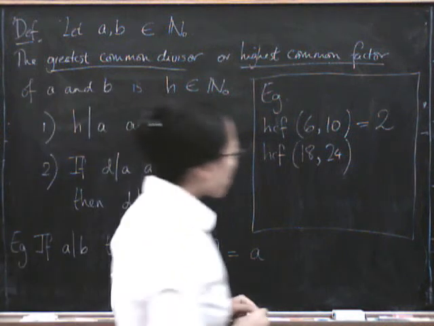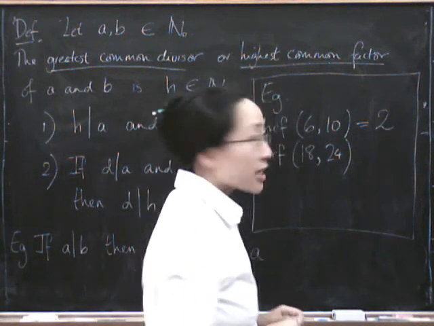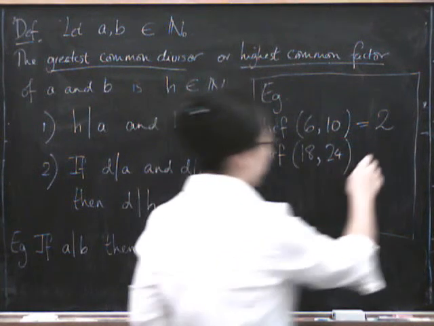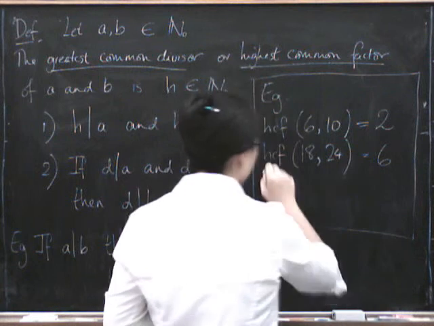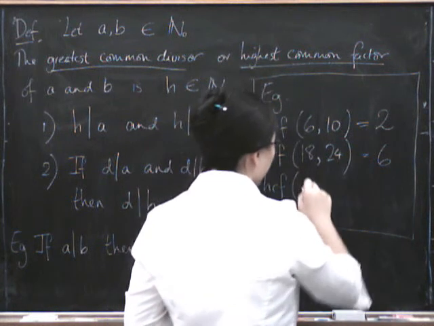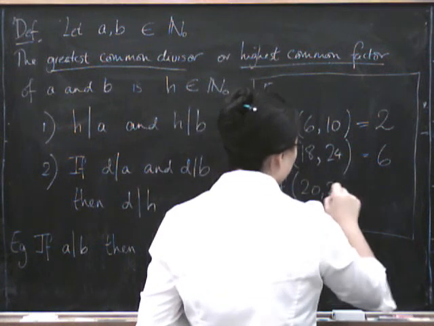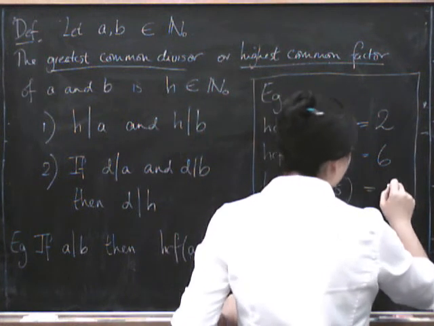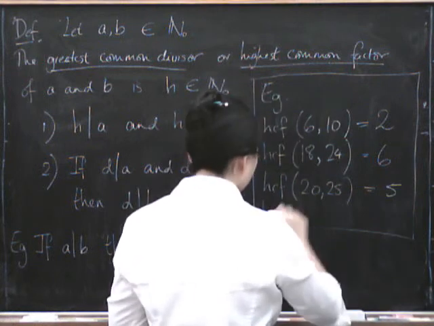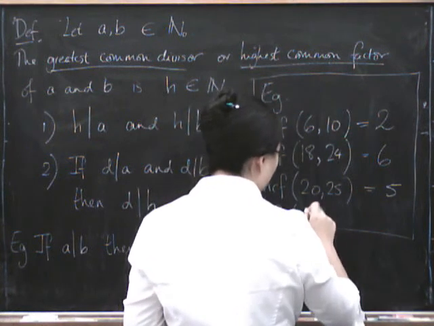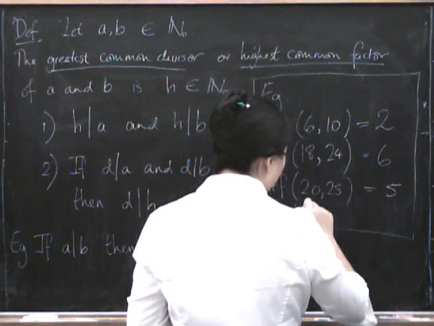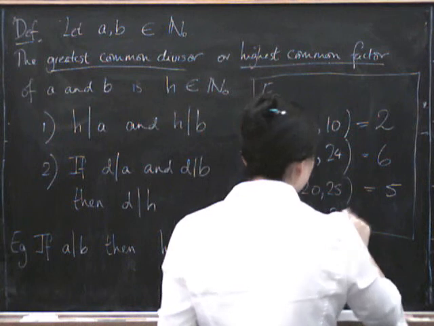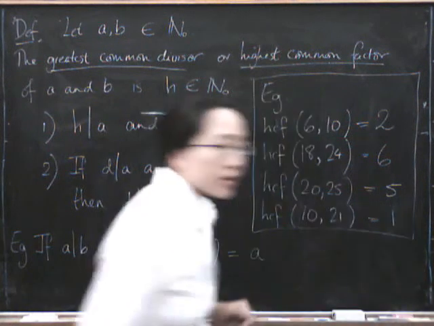Well, it's probably going to be 6, because 6 is the biggest number that goes into both of those. What about 20 and 25? Well, that's clearly going to be 5. And the highest common factor of 10 and 21 is going to be 1.